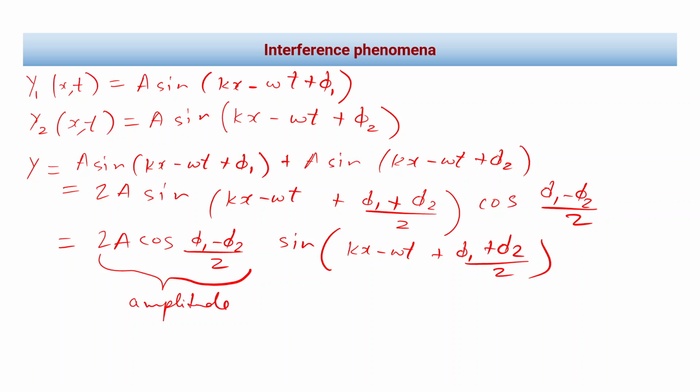And we can very clearly see that the amplitude of this resultant wave depends on the phase difference of these two waves. This is very important, we will discuss why.